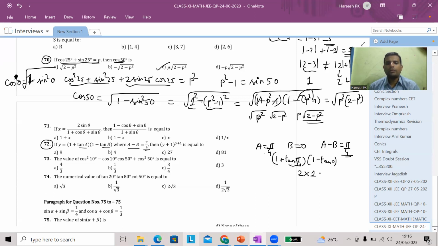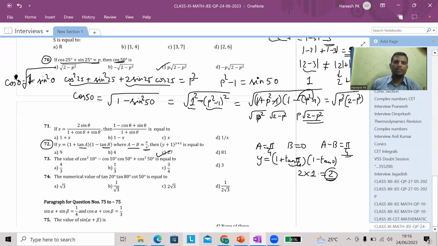And here 1 minus 0, which is 1. So you get y is equal to 2. So once you know y is 2, put y is equal to 2 here. You will get 2 plus 1, that is 3 power 3. 3 power 3 is 27. That's the answer. Okay.